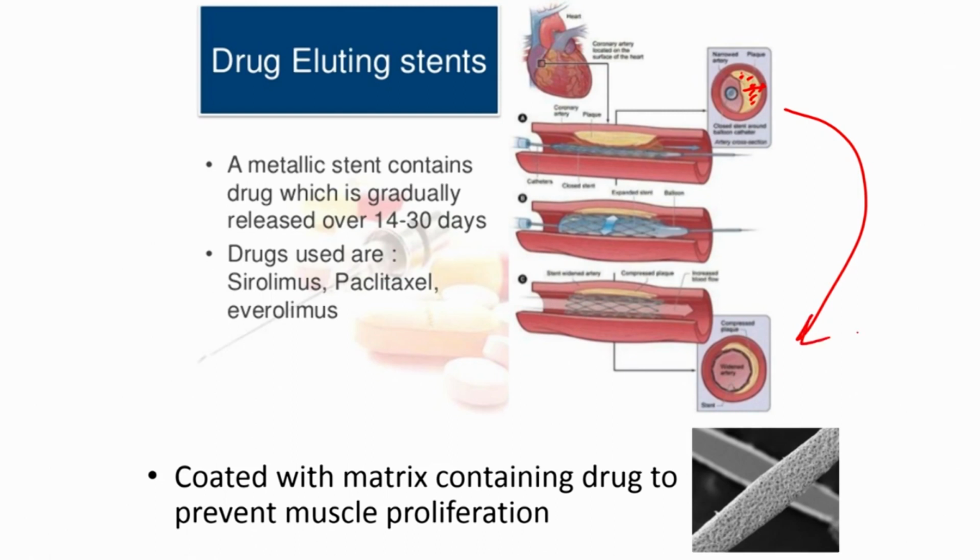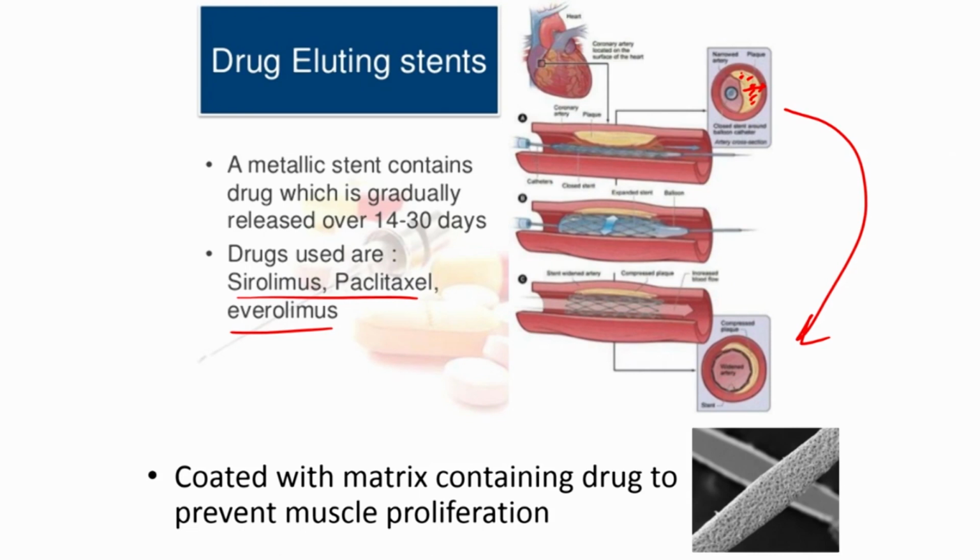The problem is that because you are putting some mechanical stress on the surrounding area, the surrounding cells are not very happy, and all kinds of inflammation and proliferation start to happen. To prevent that, an anti-inflammatory or anti-proliferative drug is given, and the easiest way to give it is to coat these metals with polymeric membranes that encapsulate the drugs.